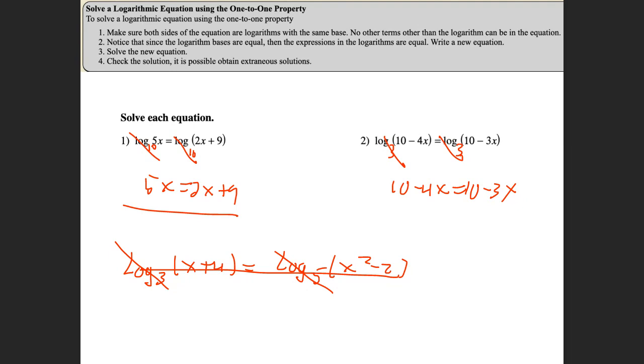Okay, logarithms. Okay, that looks a little bit better.